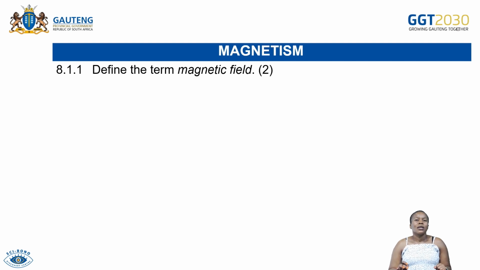They say the first one, define the term magnetic field. What is a magnetic field? It's a region in space where a magnetic or ferromagnetic material will experience a force. Please learn to write your definitions fully, so that you get those 2 marks. Remember, there is no part marking, it's just 2 or nothing.